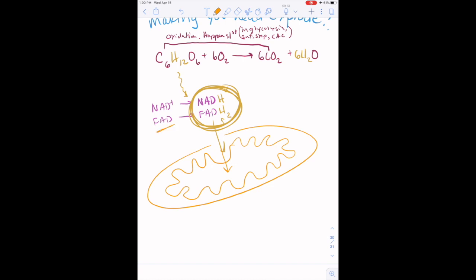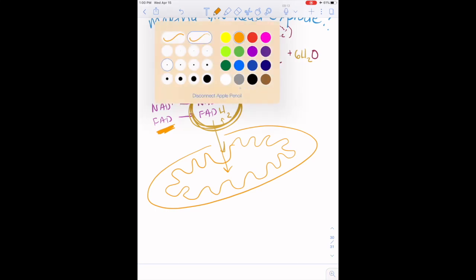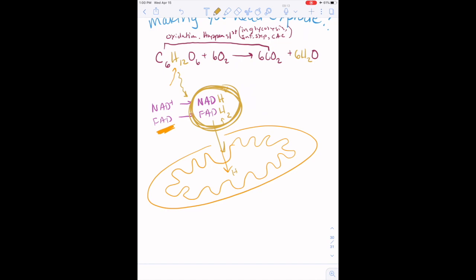NAD plus and FAD remove hydrogens from glucose, and they bring those hydrogen atoms to the electron transport system, where they're used to make a bunch of ATP.